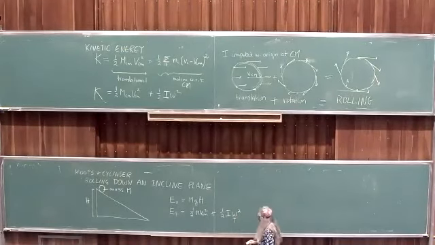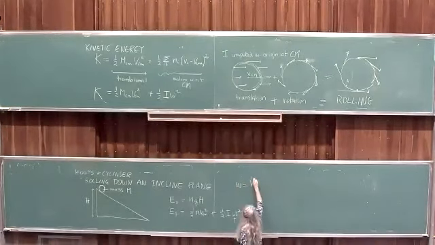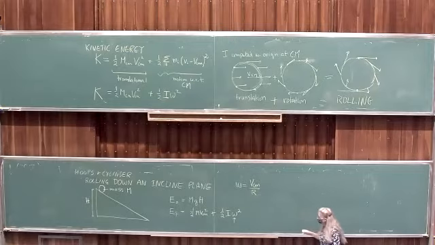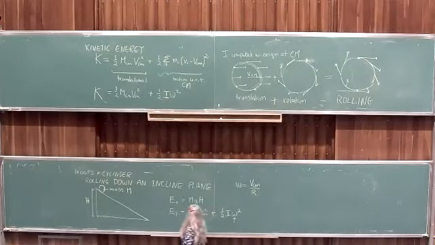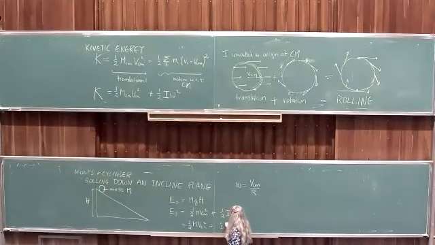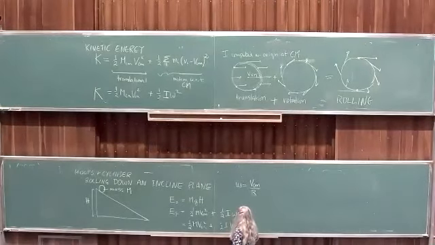So the roll without slip condition, which I probably erased, is that omega is V center of mass divided by r. So I can rewrite this. It would be m V center of mass squared plus 1/2 I V center of mass squared divided by r squared.